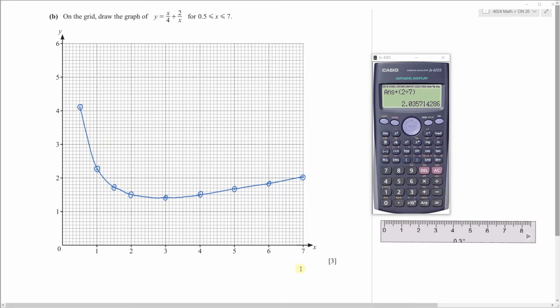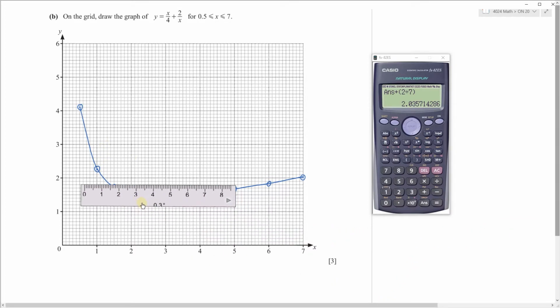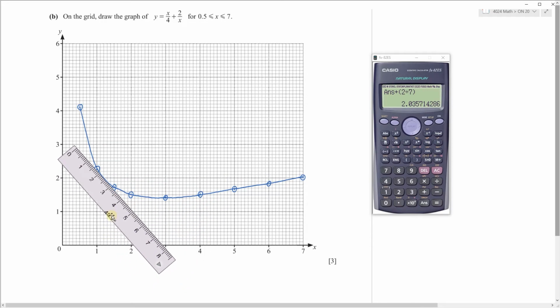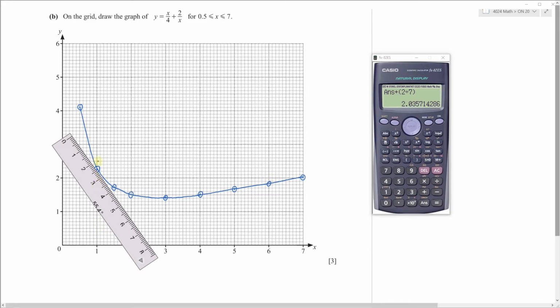So let me use my ruler here, and I will adjust it such that it just touches. Yeah, I think that looks about right. Now I can draw a straight line that will touch this curve at x equals 1 here. So let me try to do that.